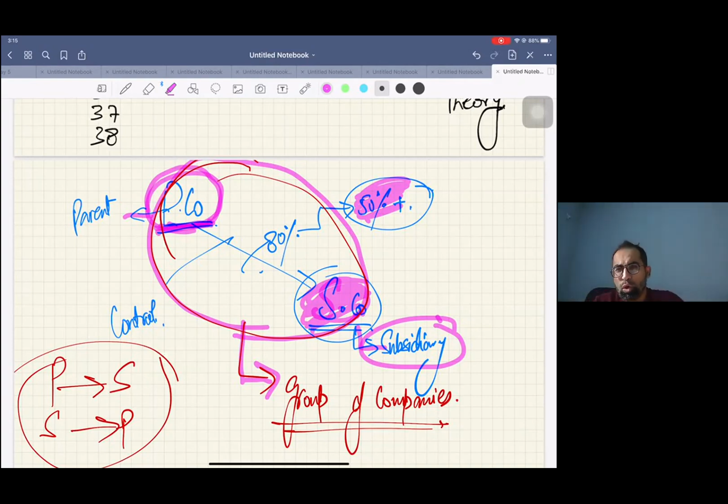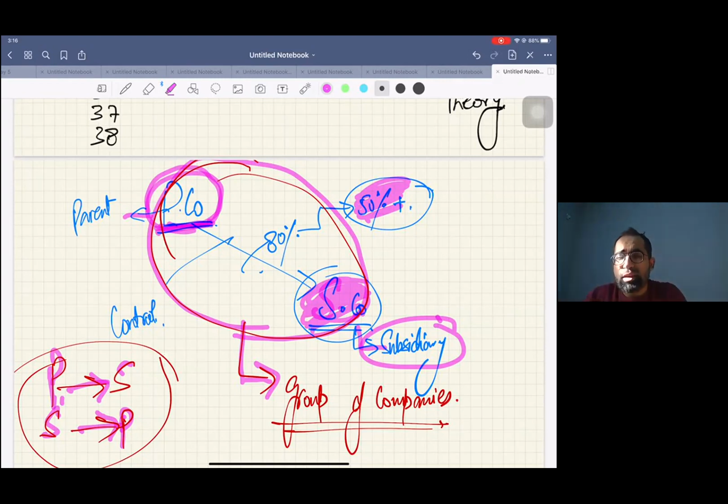Now, hope you remember when you were F3 students, you might have studied P to S sales and S to P sales, intercompany sales of inventory between parent and subsidiary. These things are also tested here. Plus, in F3 you just studied the inventory exchange.